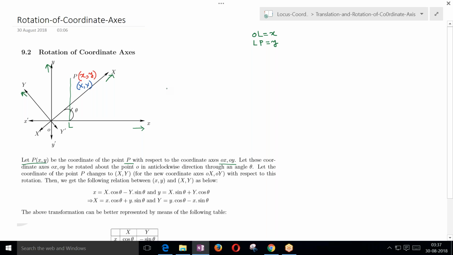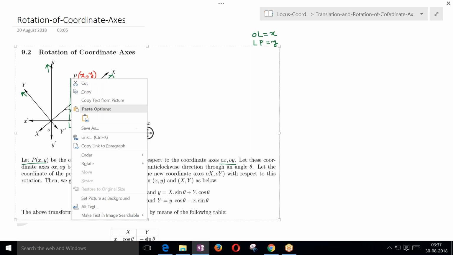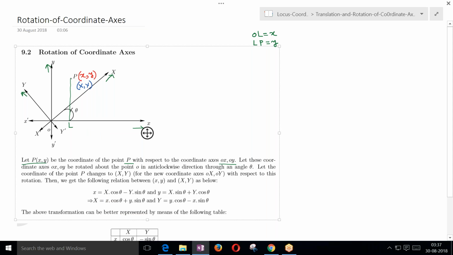Now in the new coordinate system, when this is rotated, we draw a perpendicular from this point to this one.